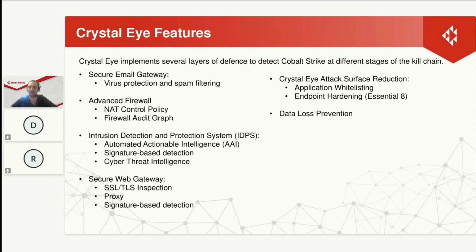Then you can block any malicious program that's trying to talk back to a C2 server on the internet, as it's not allowed. We also have endpoint hardening rules that we can turn on to help harden the system, such as blocking Excel macros and stuff like that.